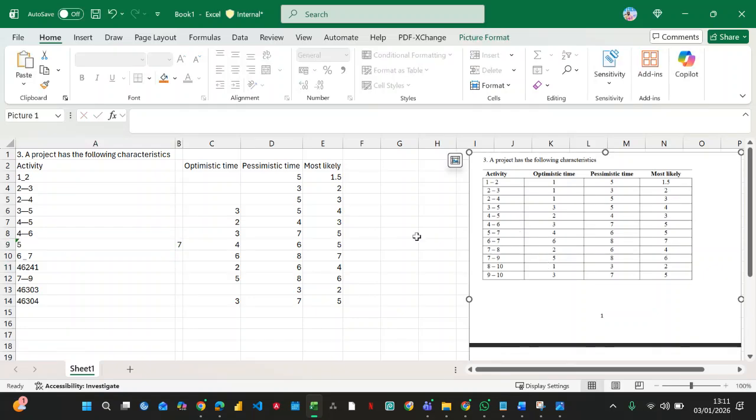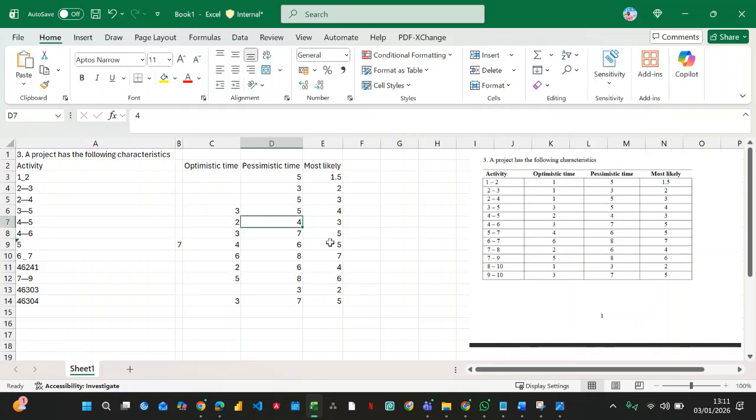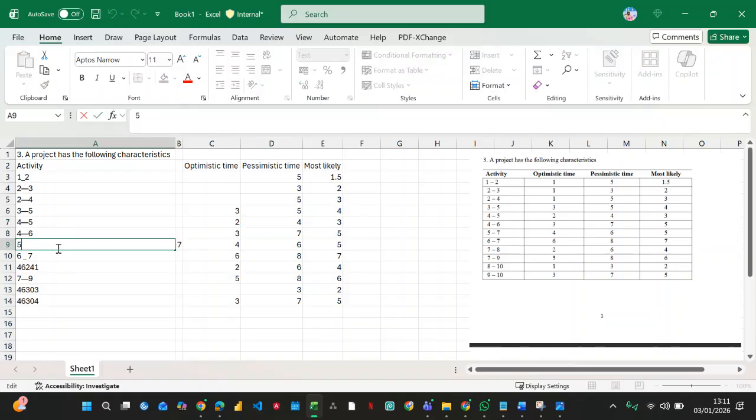I just want to get this table first, then we'll start solving. So the first to this one was 5 to 7.